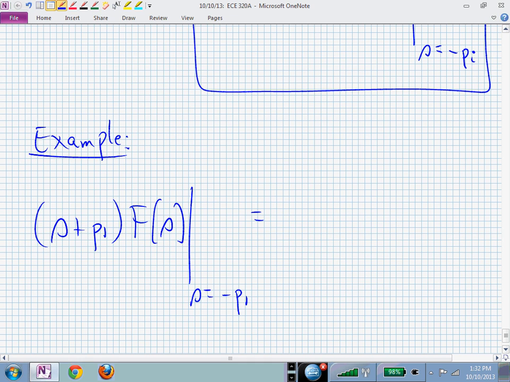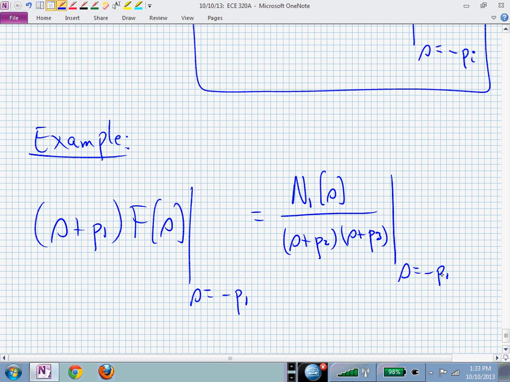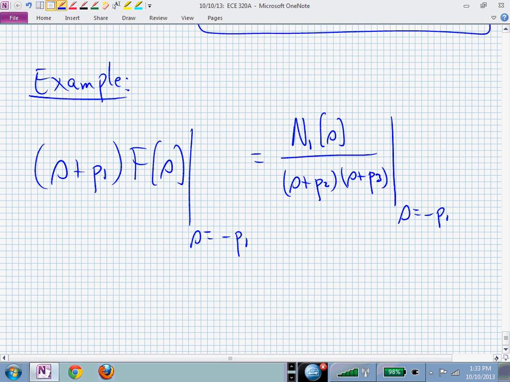But when I do that multiplication, the s plus p1 in the numerator cancels the s plus p1 factor in the denominator of capital F of s, and I'm simply left with N1 of s over s plus p sub 2, s plus p sub 3, evaluated at s equal to minus p1. That's what I end up with on the left.